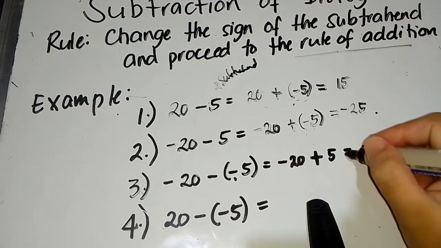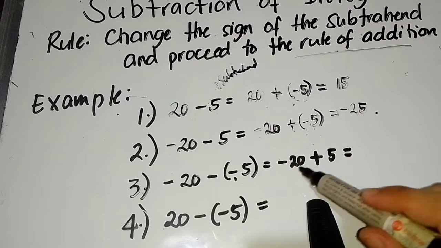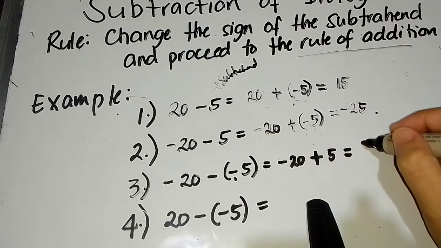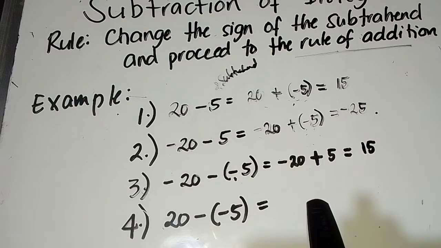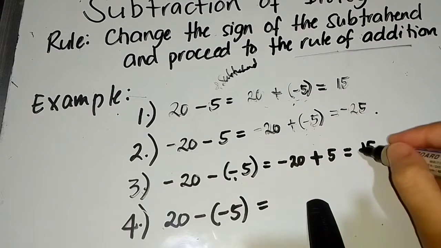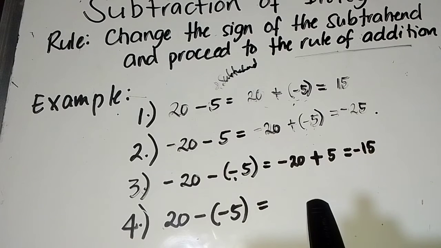Adding unlike signs, so subtract the numbers. 20 minus 5 is 15. And then, copy the sign of the bigger number. The bigger number here is 20 and the sign of 20 is negative. So our answer is negative 15.